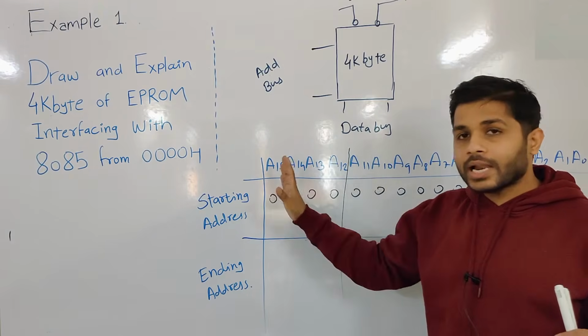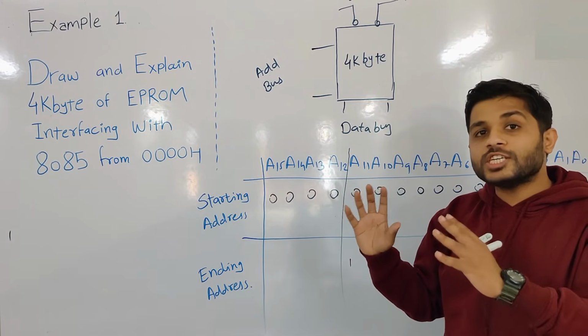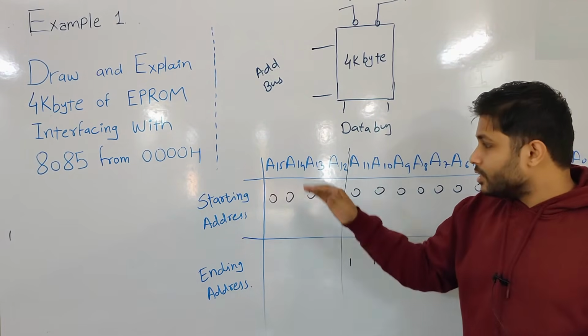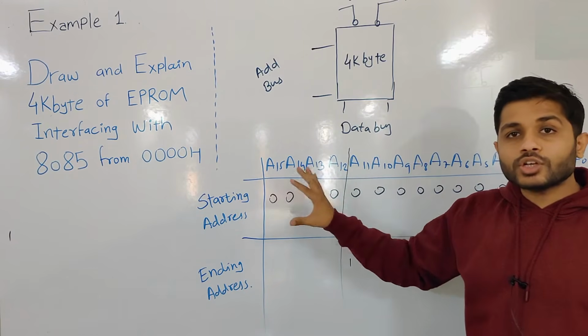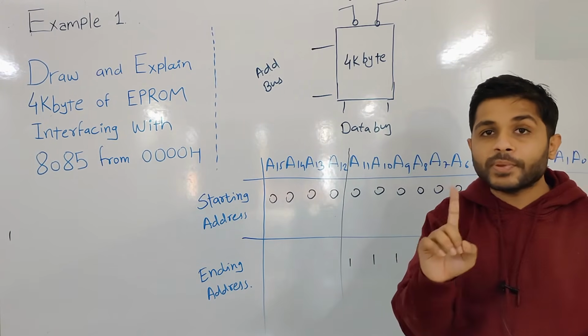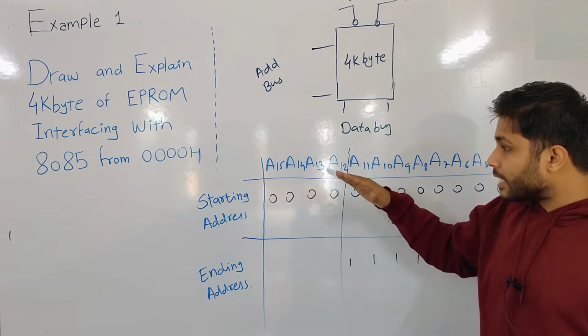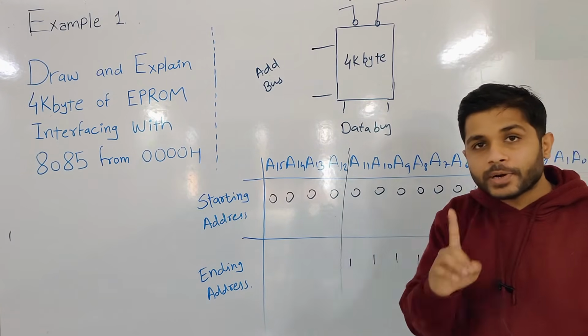Why are we putting the same value? Because these extra lines will be connected to the chip select, and this logic should not change for one particular chip. Right now we are finding the starting and ending address for one particular chip.